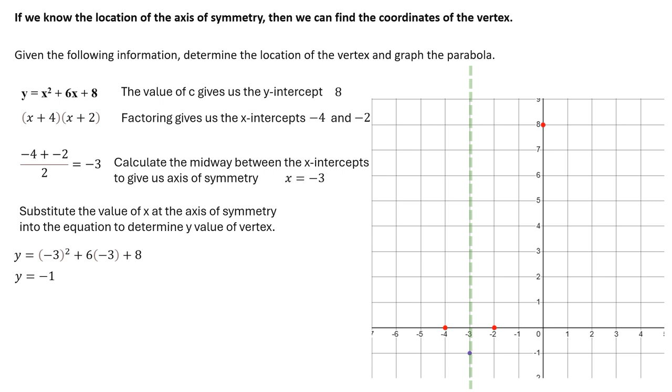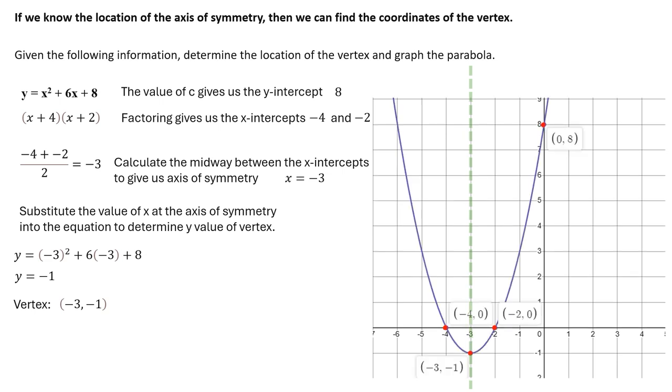So our vertex will be negative 3, negative 1. And we can roughly sketch in our parabola now that we have enough points. So our parabola would end up looking like this.